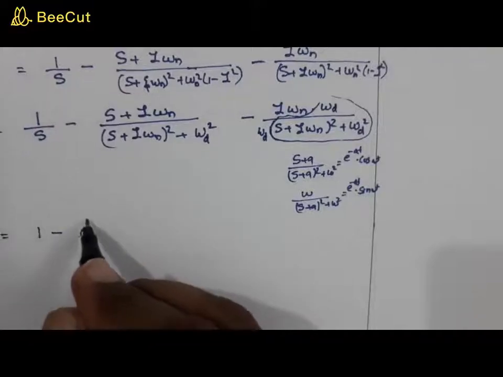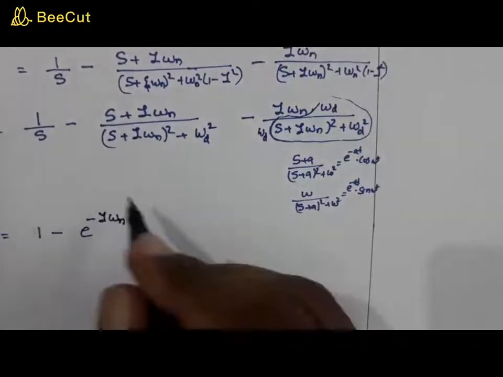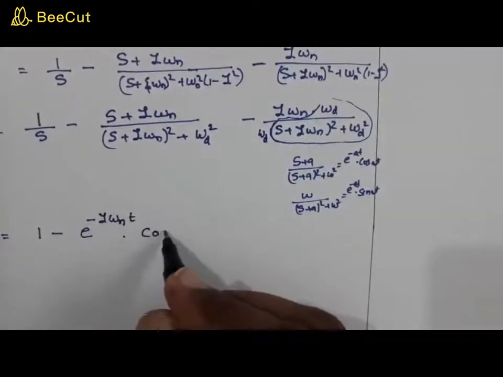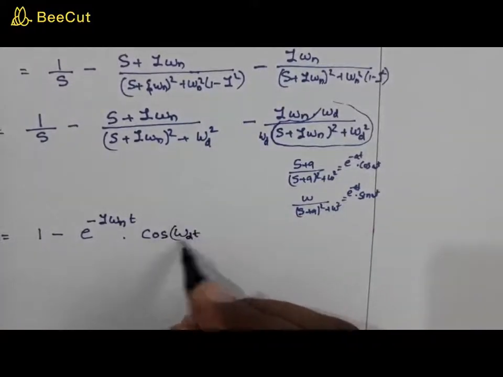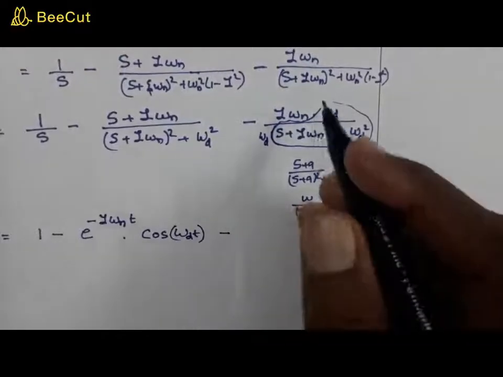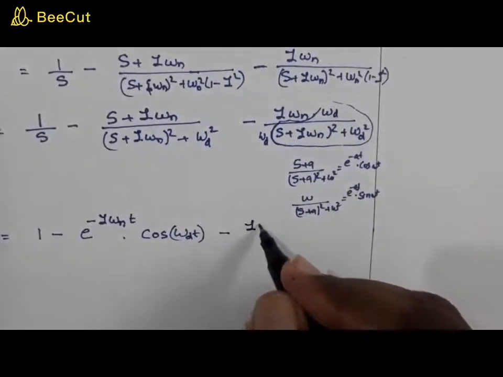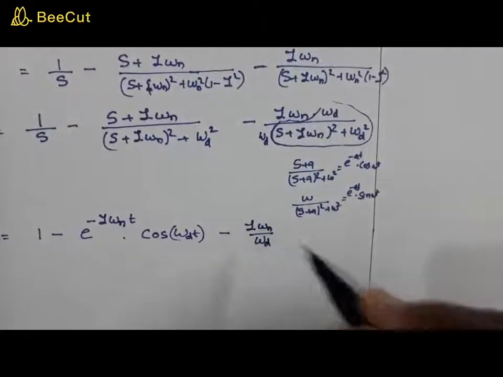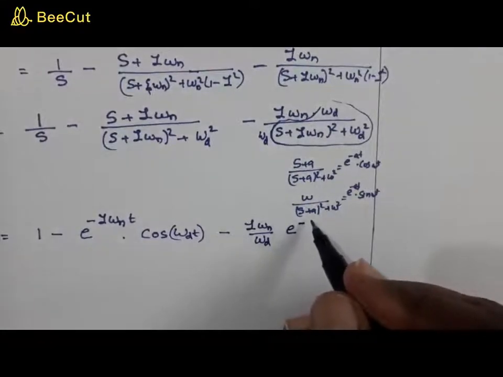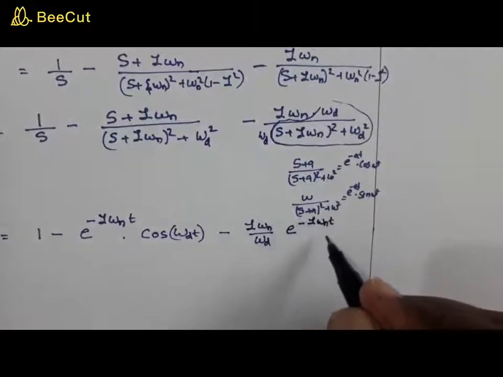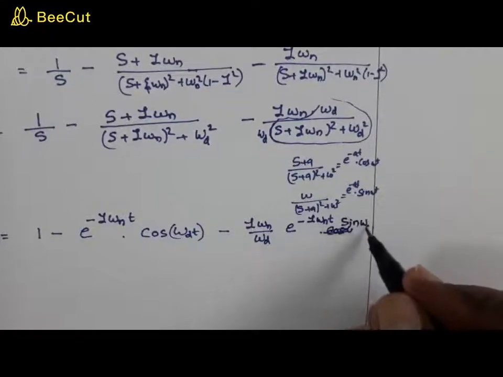That is equal to 1 minus e raised to minus theta omega n t into cos omega d t minus theta omega n by omega d into e raised to minus theta omega n t into sine omega d t, right?